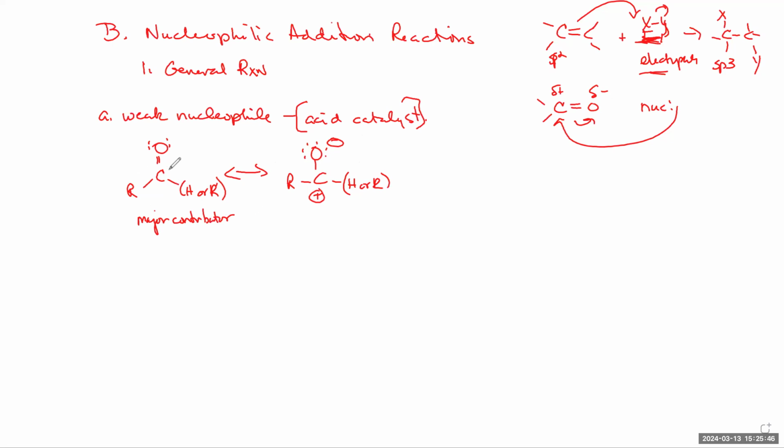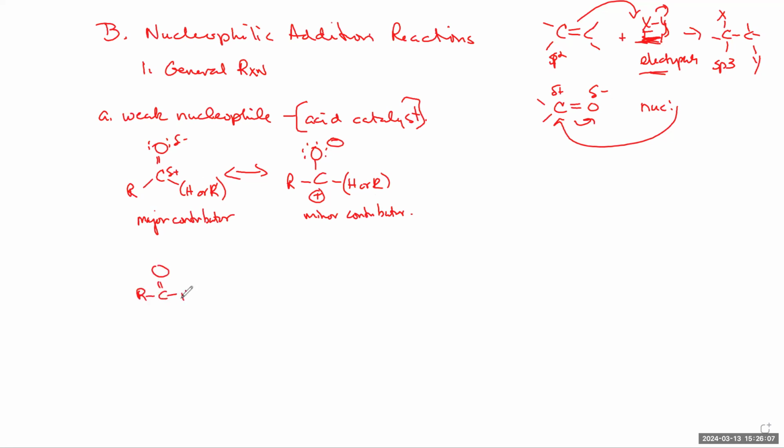And so even though this carbon has partial positive, it's not really as much positive as when you look at the minor contributor. So you can do things to make that carbon even more positive, to make it so a nucleophile would be even more attracted. And one of the things you can do is add acid.